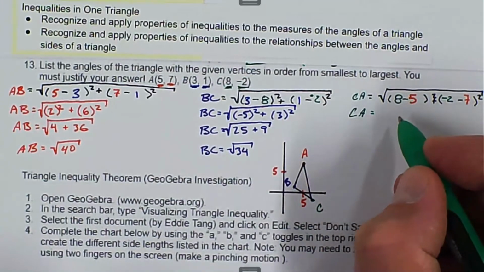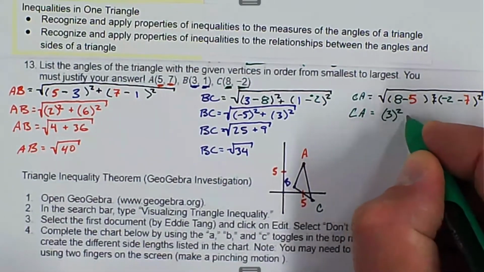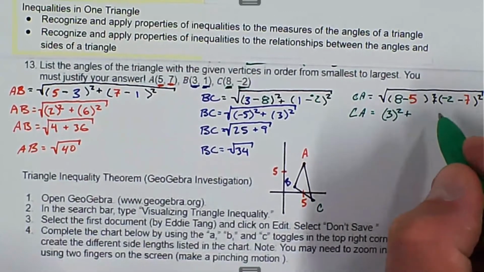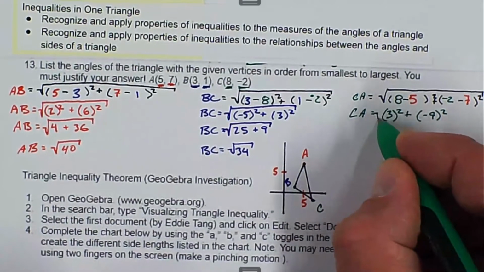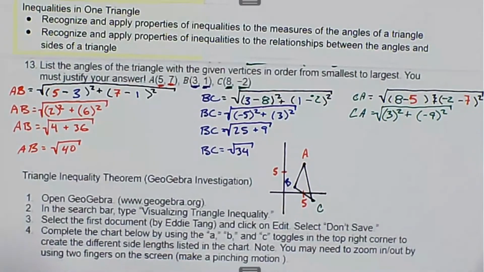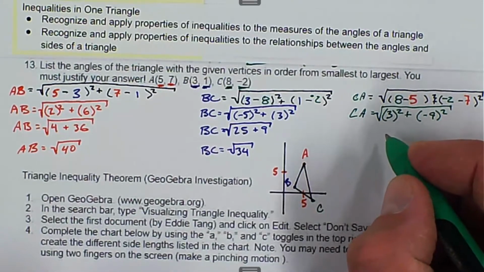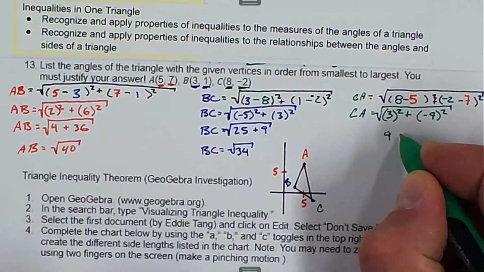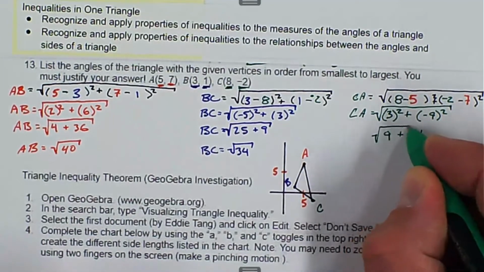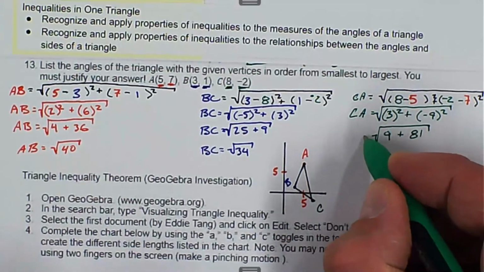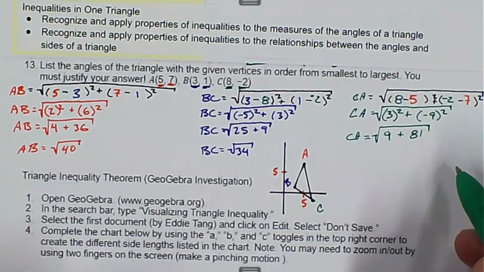So CA is equal to 8 minus 5 is 3. That quantity is squared. Plus -2 minus 7 is -9. That quantity is still squared. Take the square root. 3 squared is 9. And -9 squared is 81. Nine plus 81 is 90.